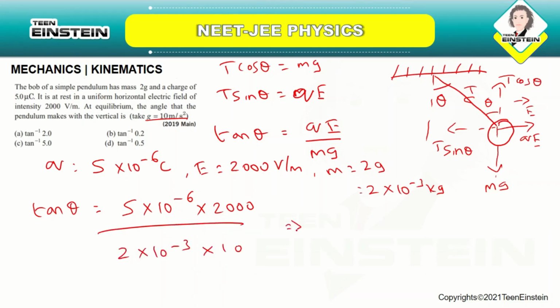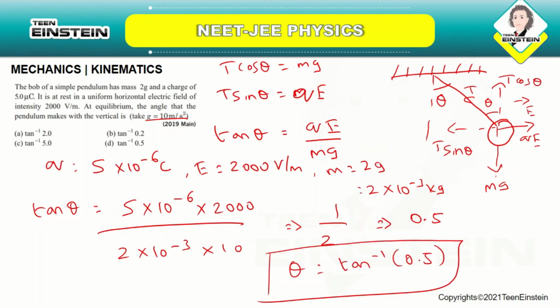When you solve this, you will be getting 1 by 2, which is equal to 0.5, or theta is equal to tan inverse of 0.5. So the correct answer is option number D, tan inverse of 0.5. The angle the pendulum makes with the vertical is tan inverse of 0.5.